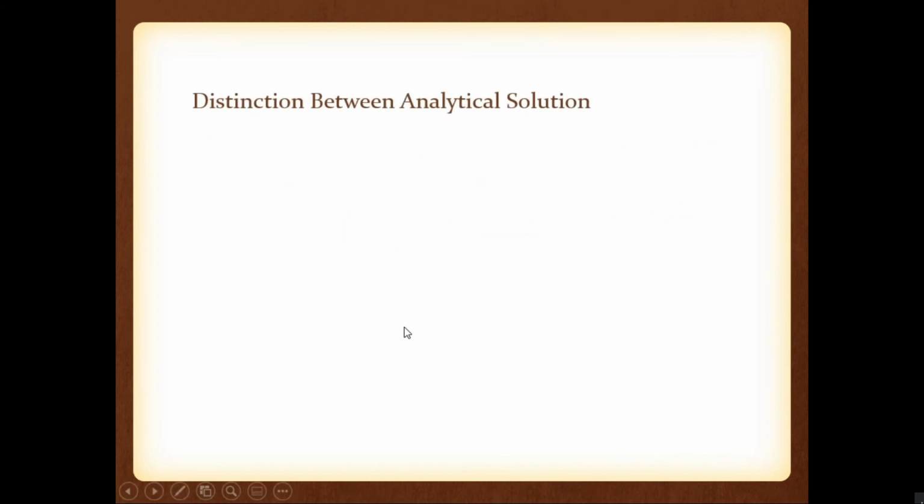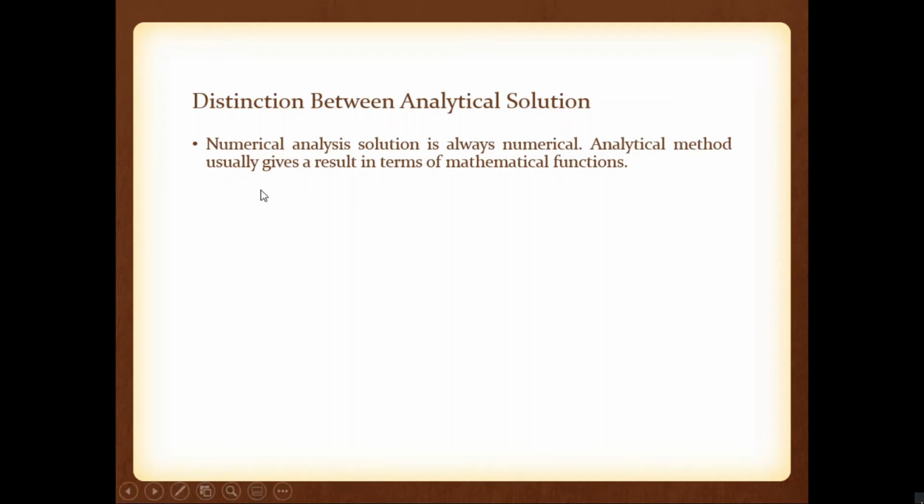Now, what is the difference between numerical method and analytical solution? If you are solving something using a numerical method, it gives only some number, only a numerical value. From that numerical value, you can't say anything about the characteristics of the function. The characteristics of the function are removed if you use a numerical method, because you have a numerical value.